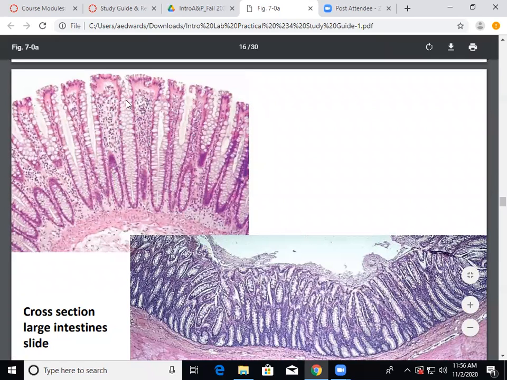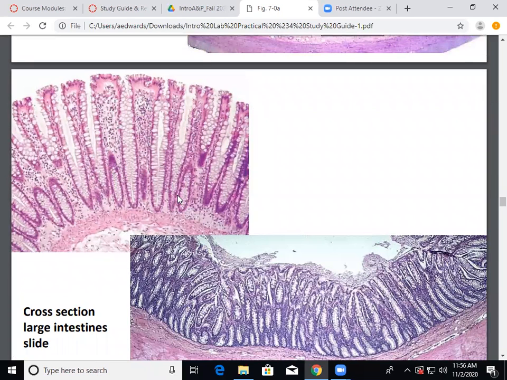They pull water out of what comes from your small intestine. It might not be the most interesting thing to talk about, but if your large intestine absorbs too much water, you get constipated. If your large intestine doesn't absorb enough water, you get diarrhea.